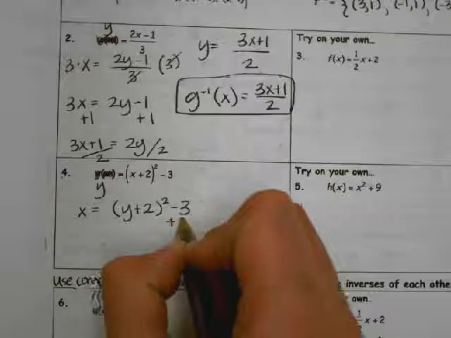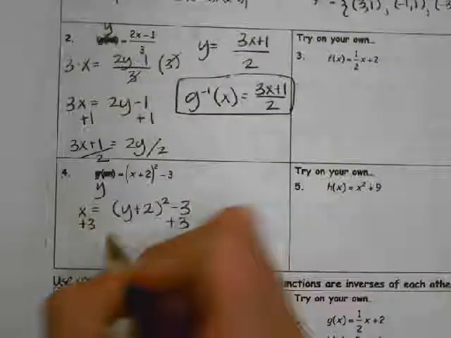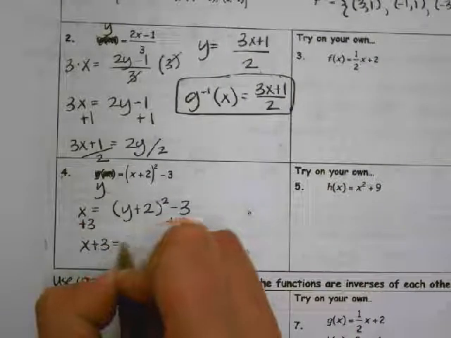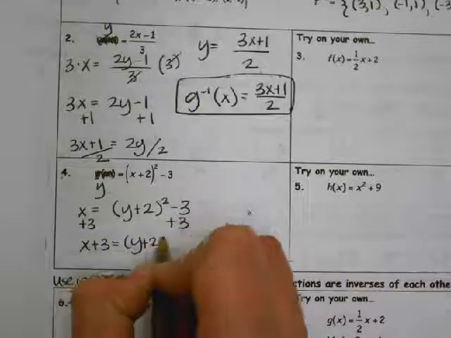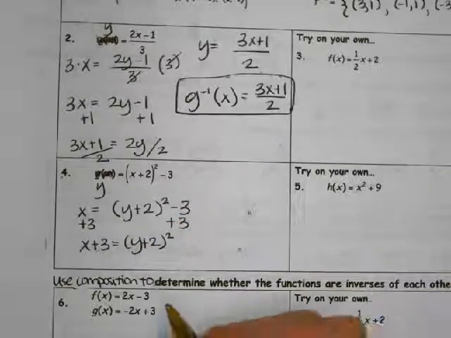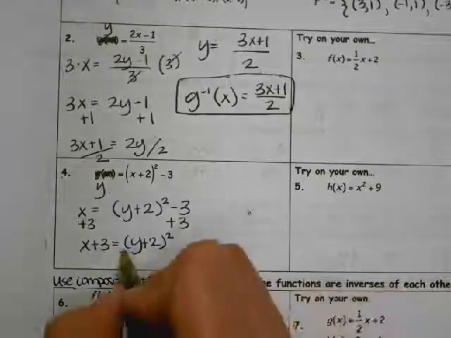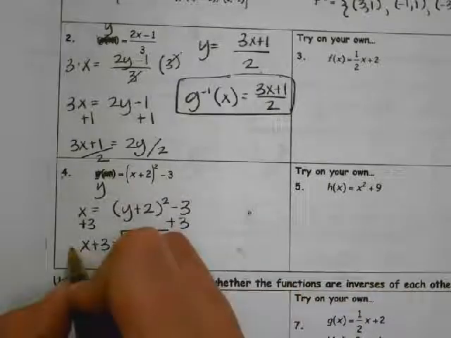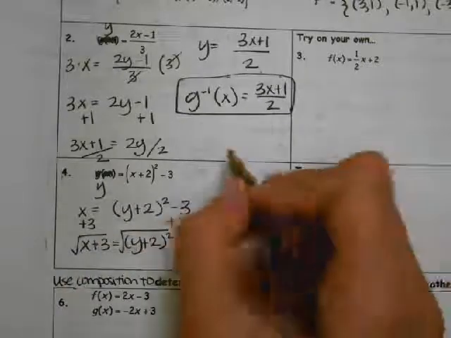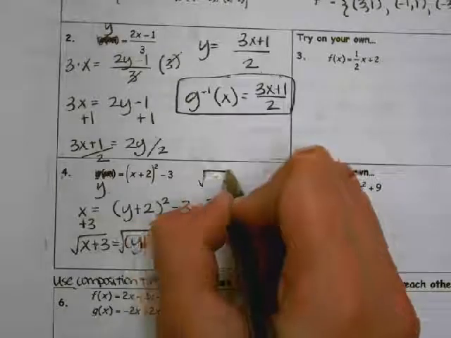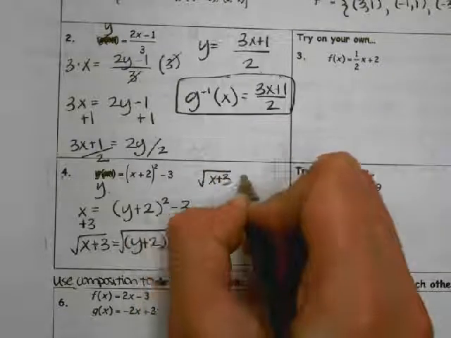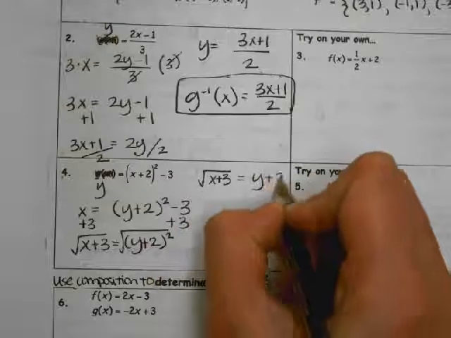I can add 3 to the other side. So x plus 3 equals (y plus 2) squared. And then I can undo that squared by square rooting each side. So now I have the square root of x plus 3 equals y plus 2.